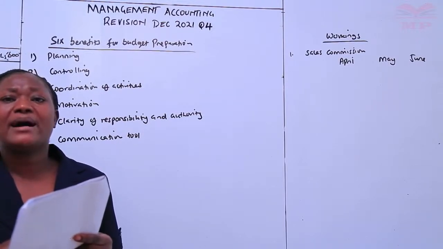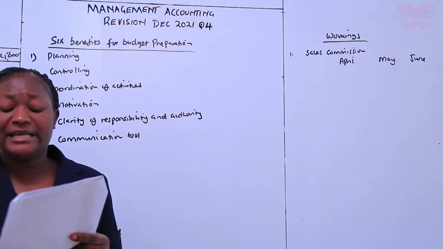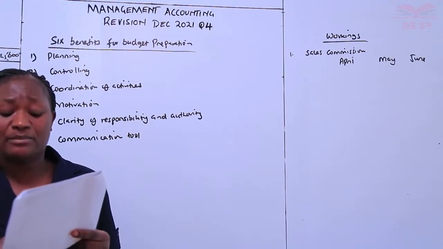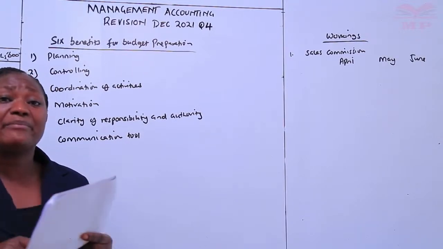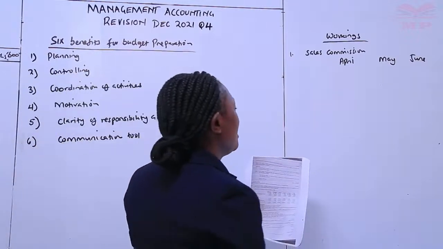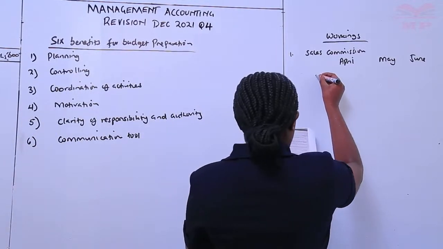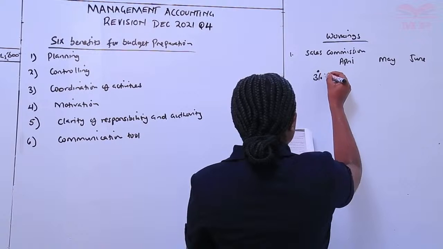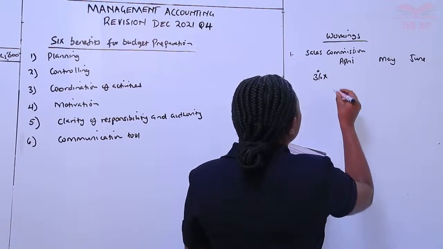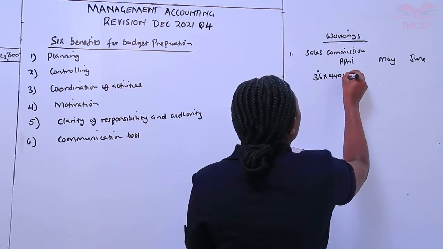The commission for March is to be paid in April. And so for the cash budget, we will make payment in the month of April. So for April, we are taking 3% times the March sales, which were 440,000.